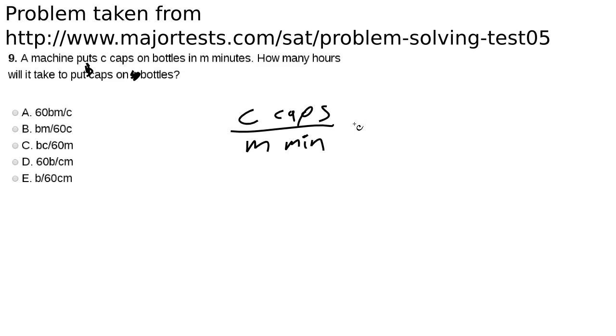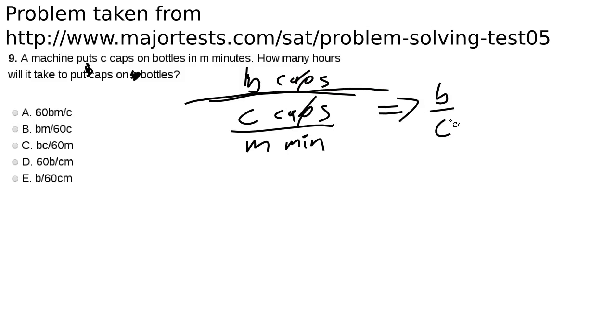If I want to bottle B bottles, I think this is going to be a division. B caps or bottles are going to take this fraction divided by this fraction, which is going to be B over C times M minutes.